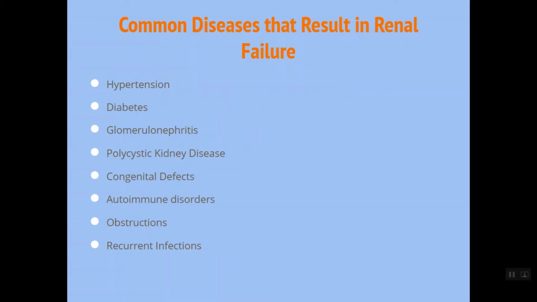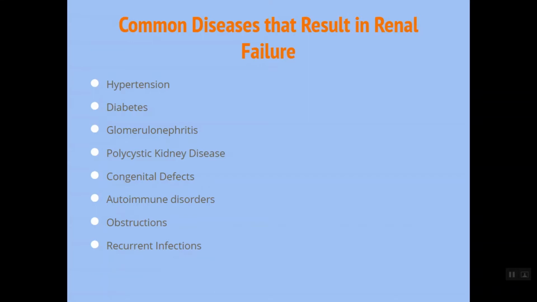Common diseases that result in renal failure, the top two are going to be diabetes and hypertension. Those two are definitely the biggest reasons why we see patients require renal transplantation, but other reasons could be glomerulonephritis. Polycystic kidney disease is a big one. These patients develop large cysts in and around their kidneys, to where the actual size of the kidneys are ginormous.